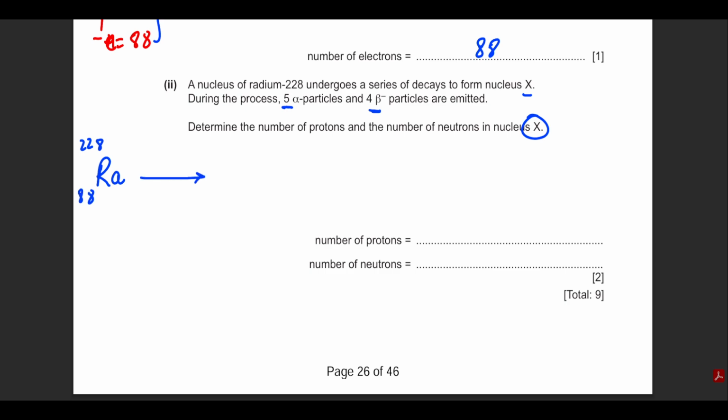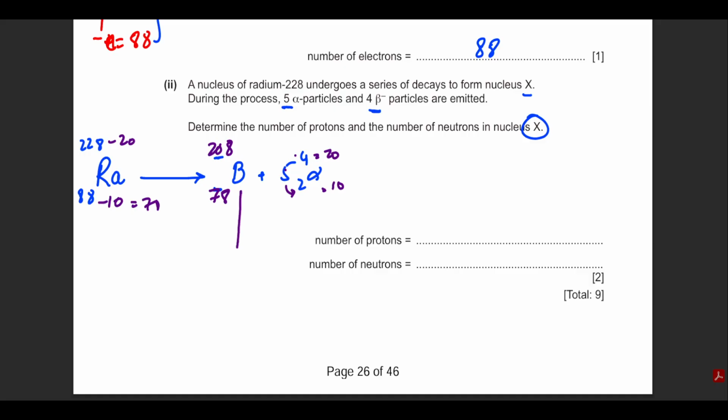The very first time, let's call this B, there are going to be 5 alphas, 4, 2. So this number reduces by 5 multiplied by 4, which is 20. So 228 minus 20 gets 208. Then 5 multiplied by 2 becomes 10. So 88 minus 10 gives us 78. So this number should be 78.